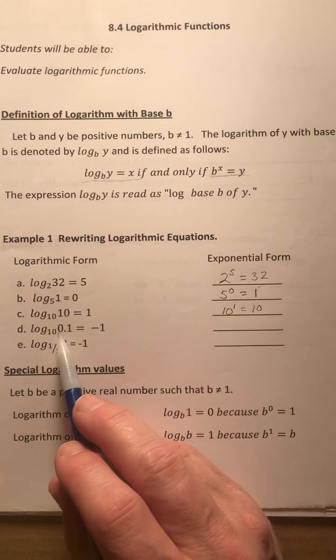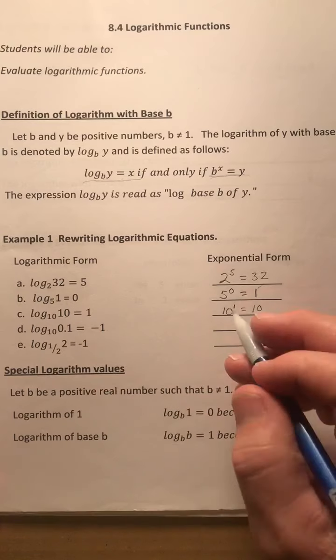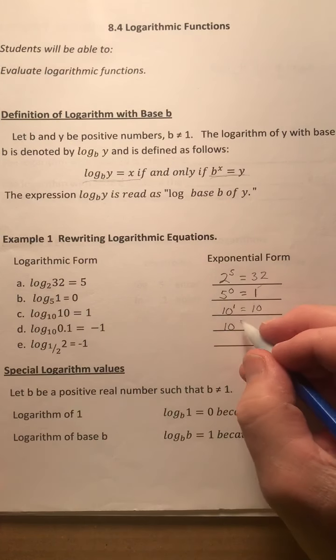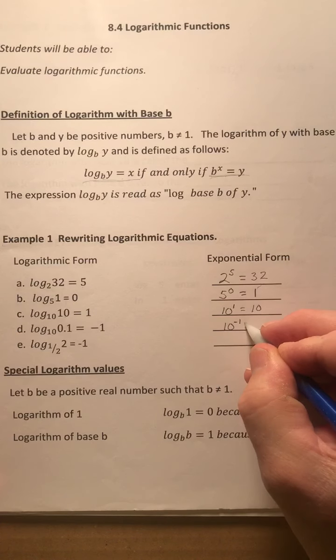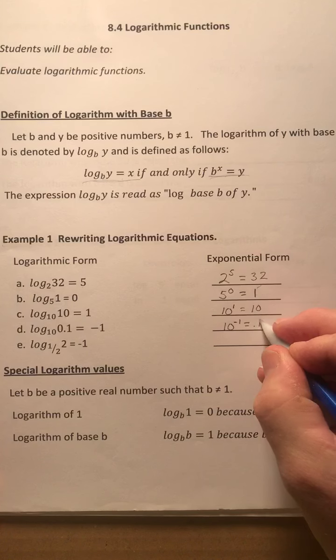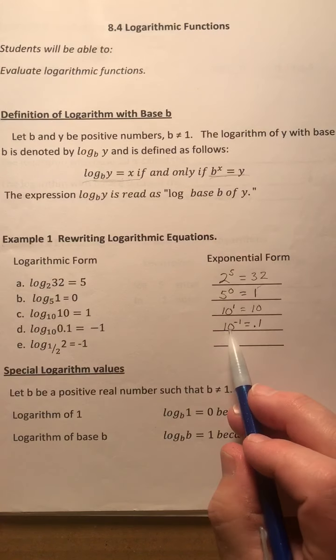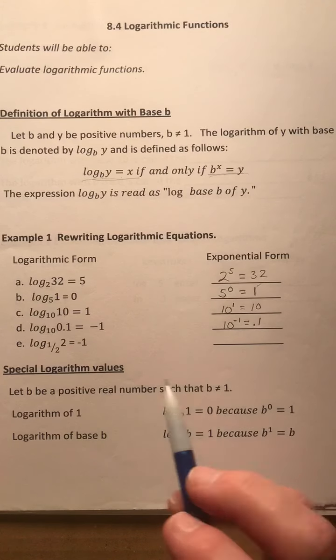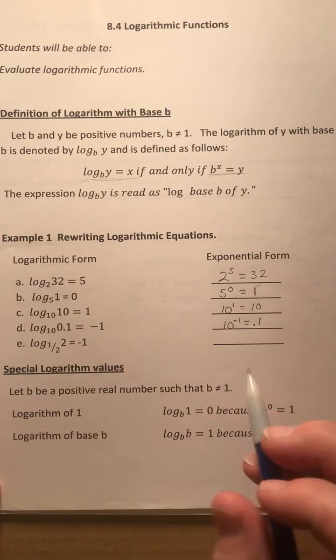The next one. Again, our base is 10, our exponent is negative 1, and it is equal to 0.1, which is 1/10, which is what 10 to the negative 1 would give us. The next one: our base is 1/2.